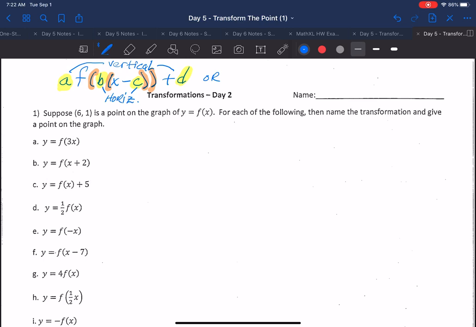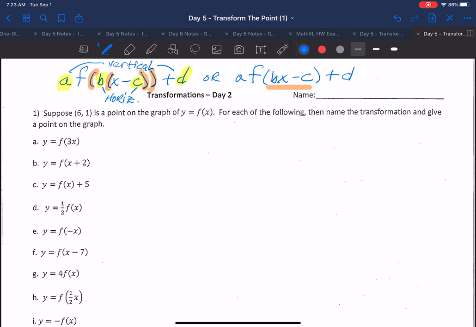So there's another way to write this: A, F of Bx minus C plus D. If you write it this way, then you have to do some thinking. And when we get to trig, we'll deal with that more. But for right now, what we like to teach you to do is to factor it out, okay?